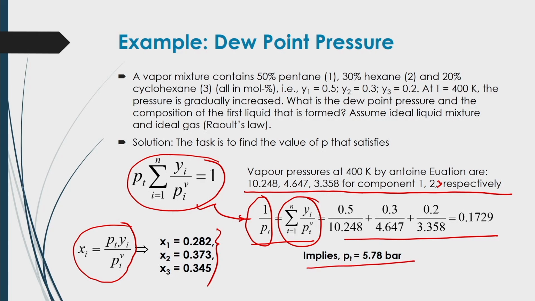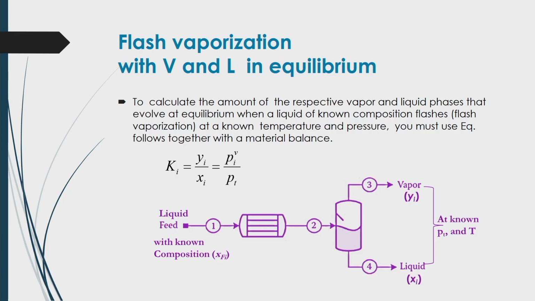Flash vaporization with vapor and liquid in equilibrium, we have already discussed: at the flash vaporization condition, Ki will be equal to yi by xi, that is Pi by Pt, from which you can calculate the partial pressure, the total pressure, and the temperature at which the vapor will condense or a liquid will be vaporized.